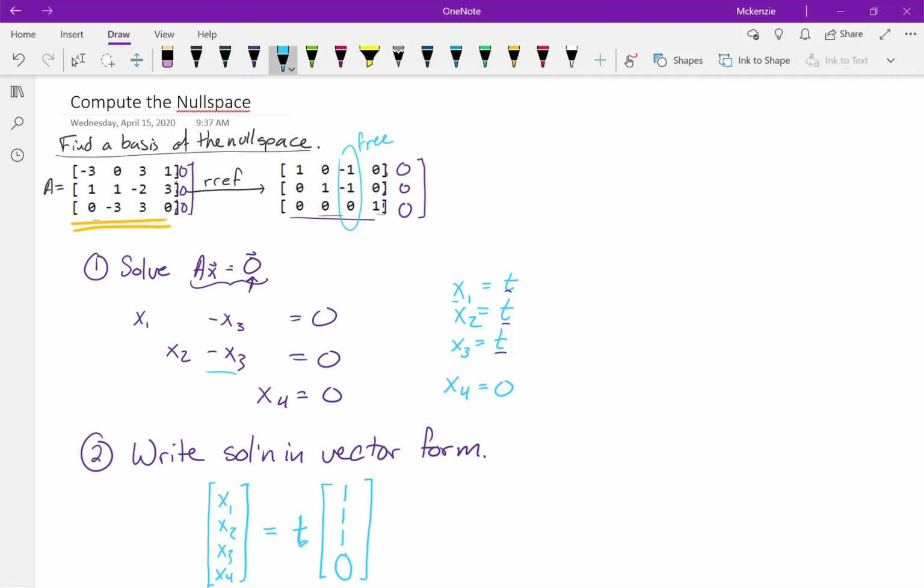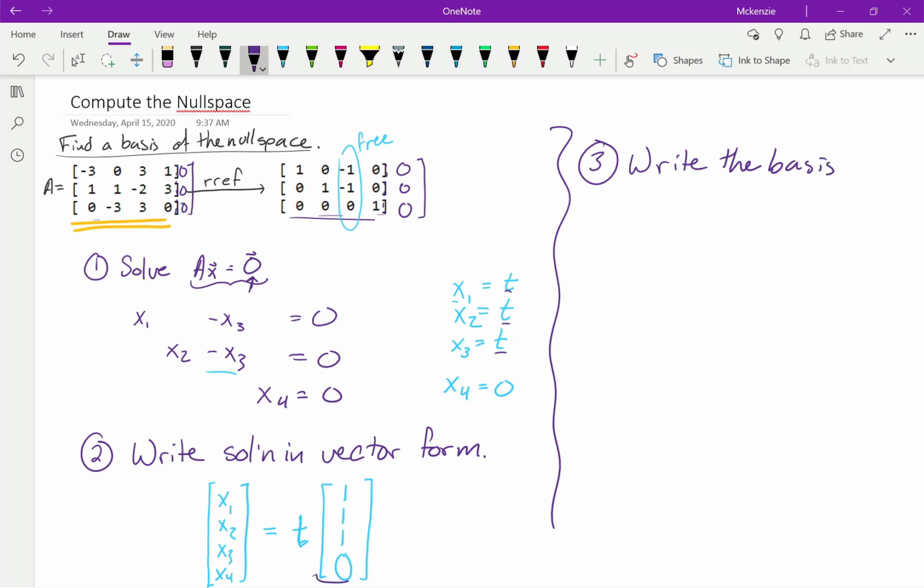Our final step, step 3, is to write the basis. It's actually already there for us. It's this vector right here. You'll have one vector corresponding to each of your parameter variables. So our basis for the null space, in this case, would be 1, 1, 1, 0.